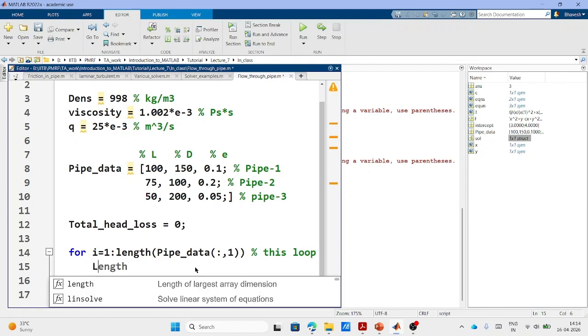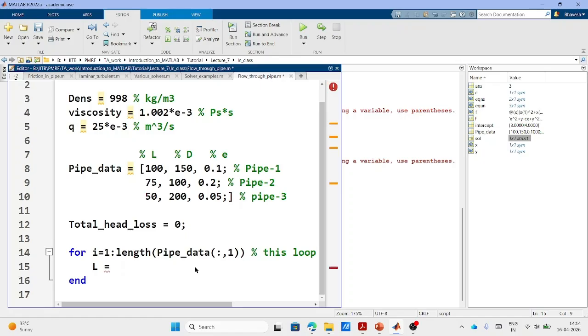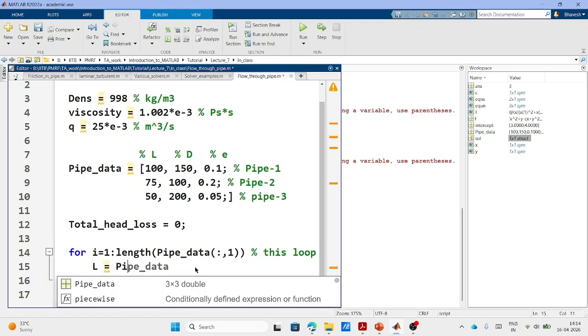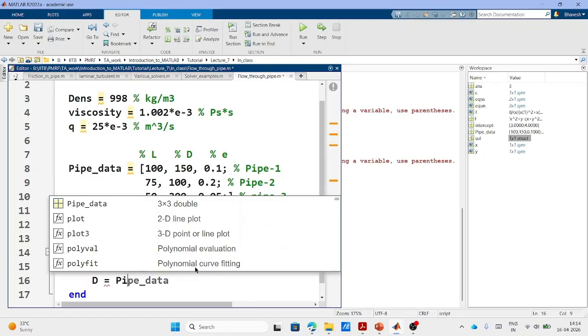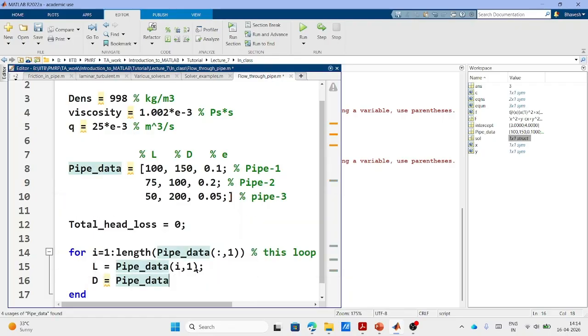So I will write L is equal to pipe data, first row, first column, which gives me the length. Diameter is given by pipe data, first row and the second column. So the second column gives me the diameter.